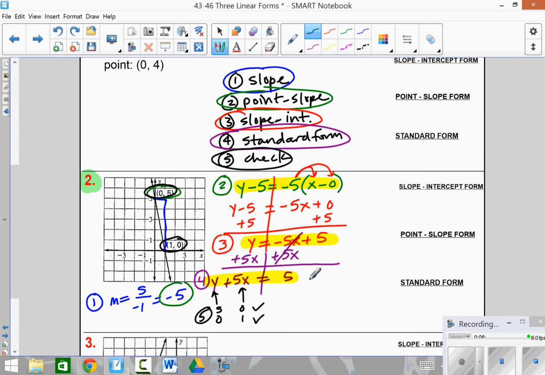They're not quite in order. So standard form, this equation goes in that part. This is slope intercept, so this would go here. And our point slope is this equation right here. Okay? So all 3 of these equations represent this one exact line, the same exact line here, just in 3 different forms. Let's try one more.